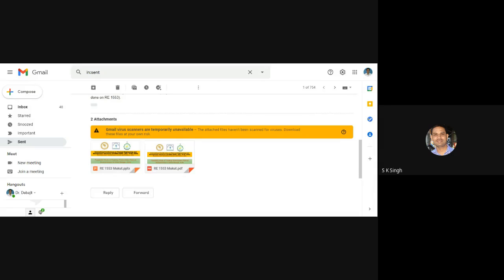Hello, sir. We can see. Okay, just enlarge it. Now I proceed. Yes, please. Zoom it. You will be given only 10 minutes, Devajit Misra, if you don't mind. Okay, sir.